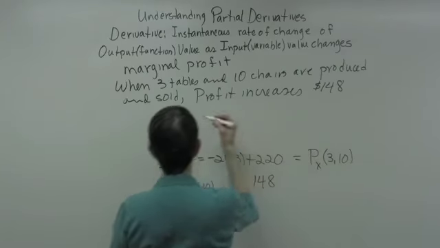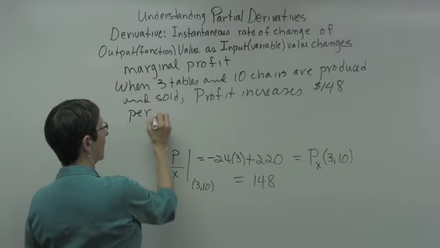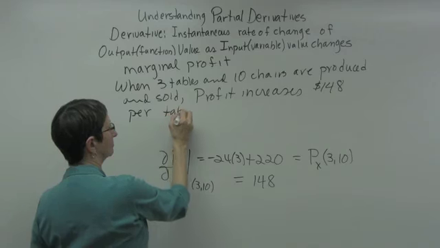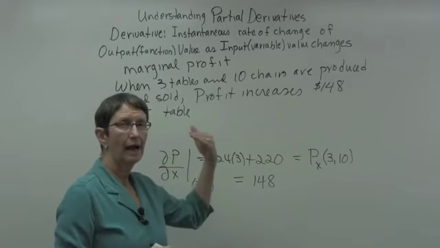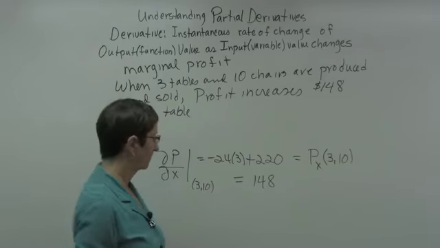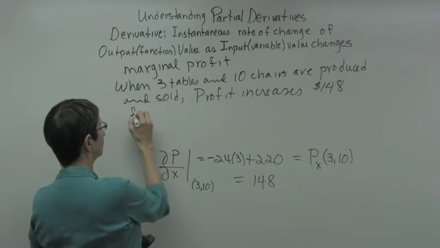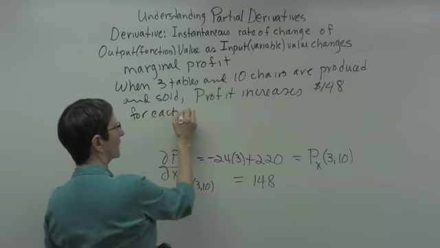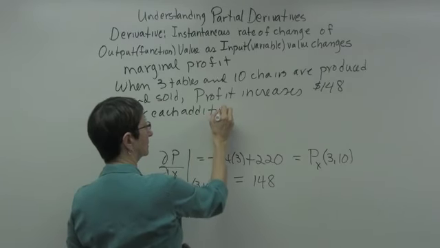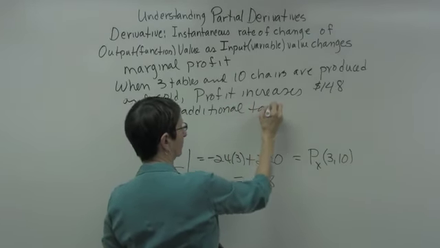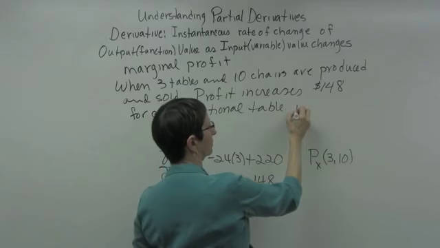And there are a couple ways I can say it after that. I could just say per table. So that means every time there's one more table. Or I could say for each additional table produced and sold.